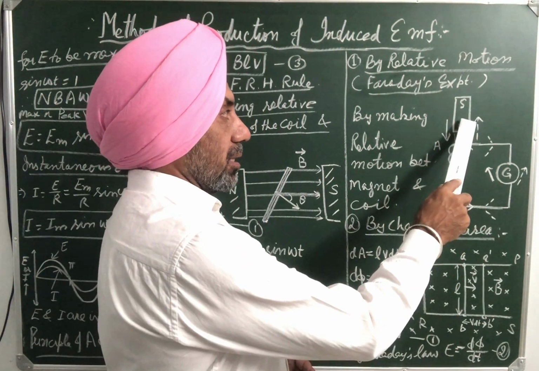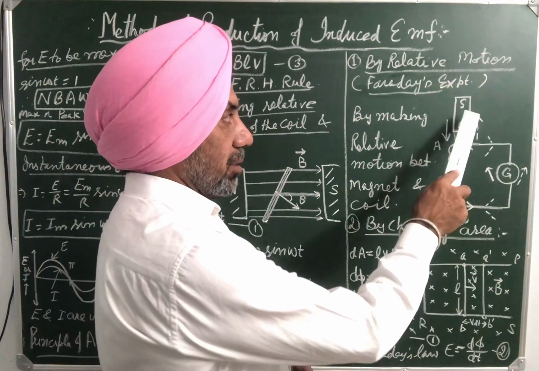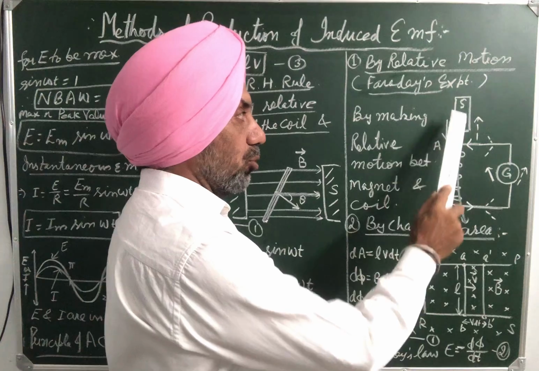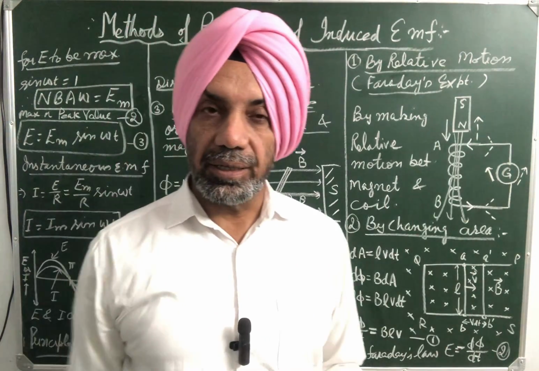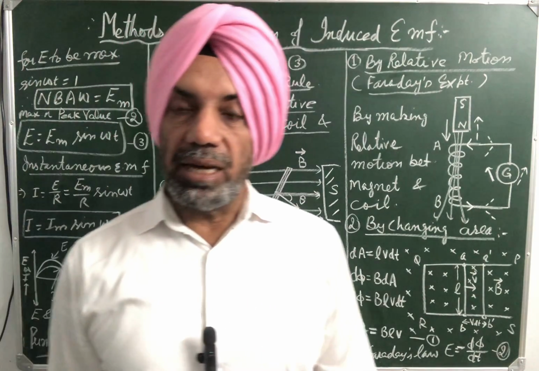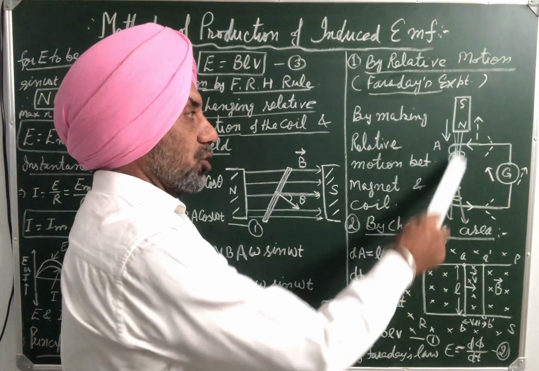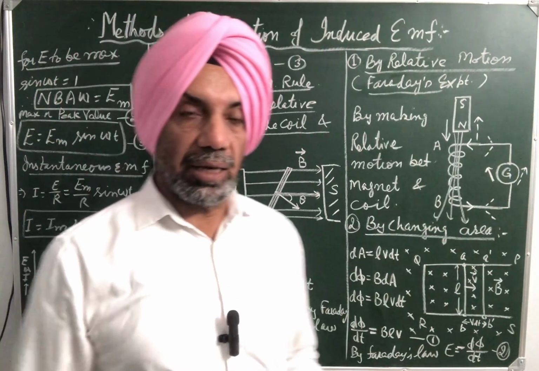The deflection of the galvanometer is also seen when the magnet is made stationary and the coil is moved towards or away from the magnet. It means it is immaterial whether the coil is moved or the magnet is moved, but there should be relative motion between magnet and coil.